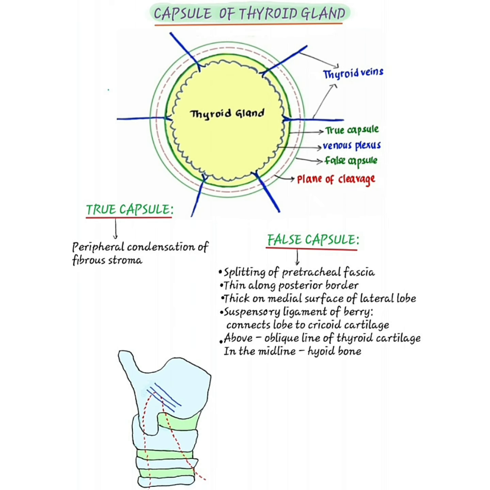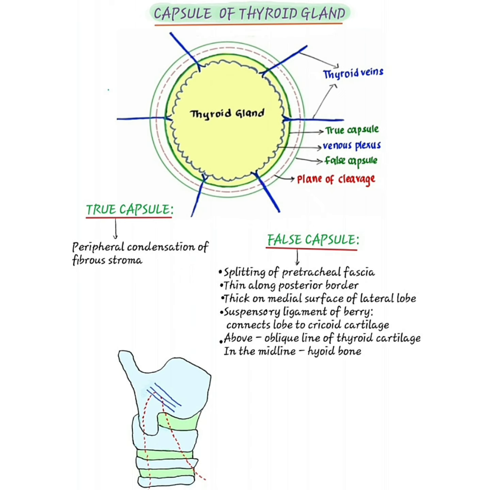When traced below, it enters the thorax and merges with the apex of fibrous pericardium.